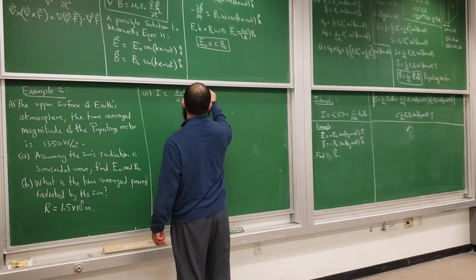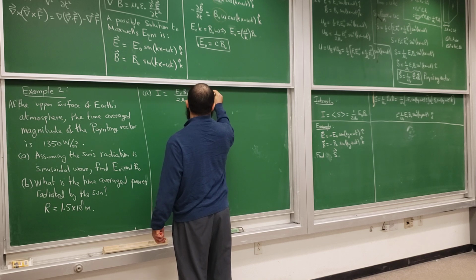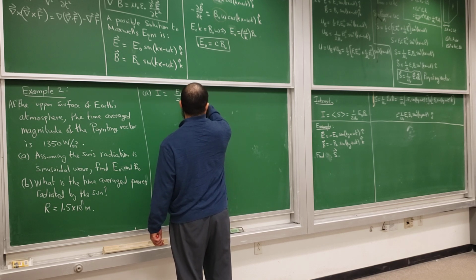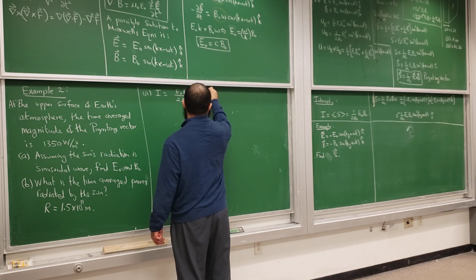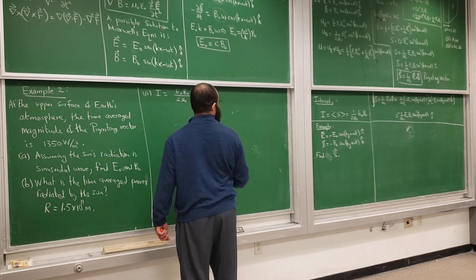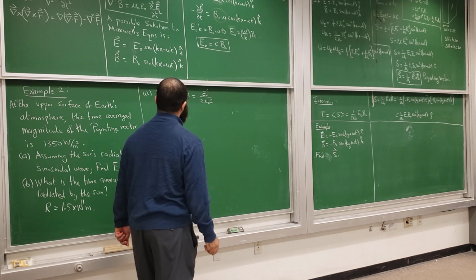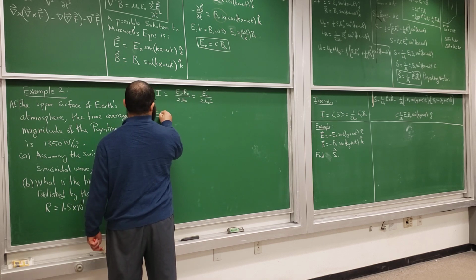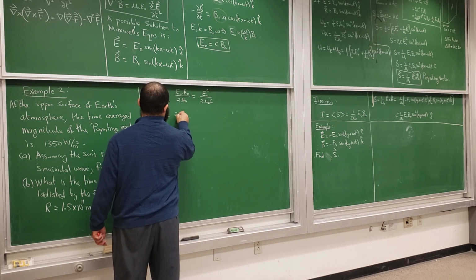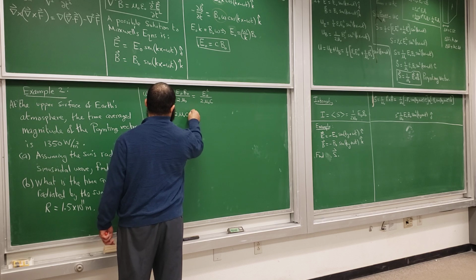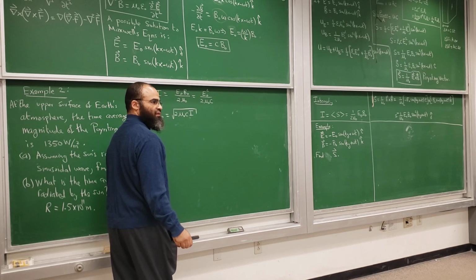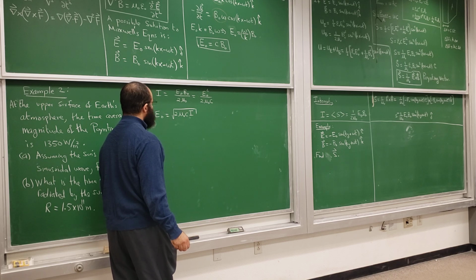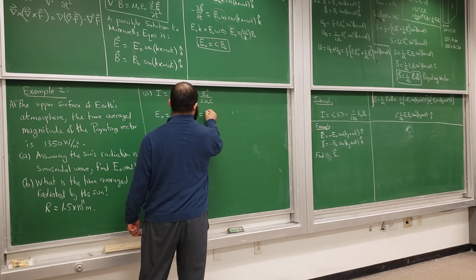B naught is E naught over C, so it would be E naught squared over 2 mu naught C. And so E naught would be the square root of 2 mu naught C times I. Hopefully this works out to be about 1,000.